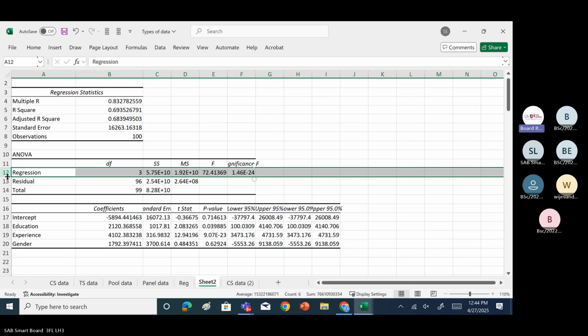H1: there is a significant impact of education on salary. That is H1.